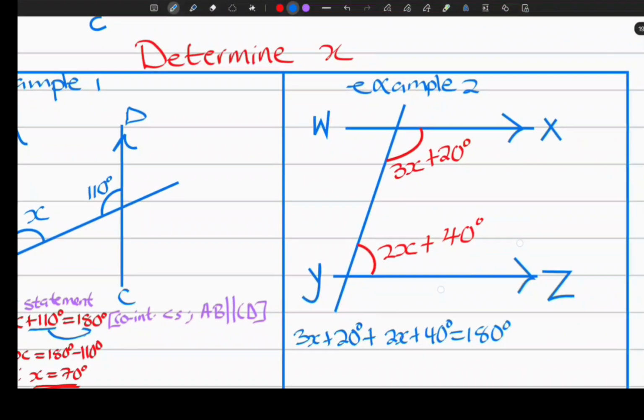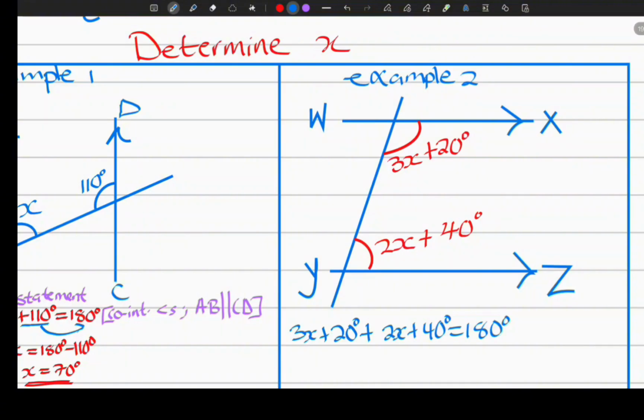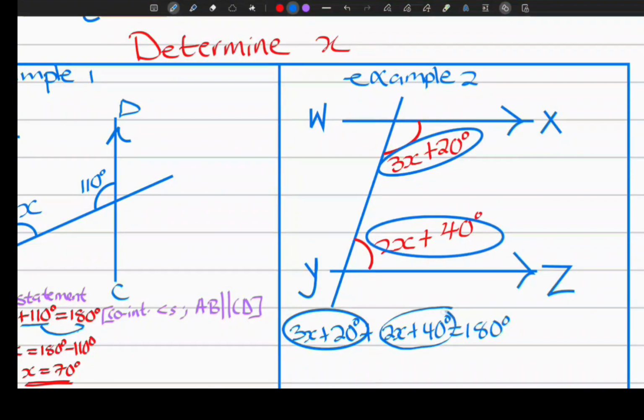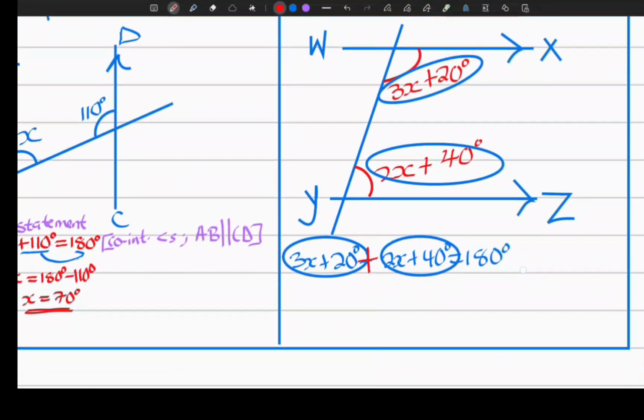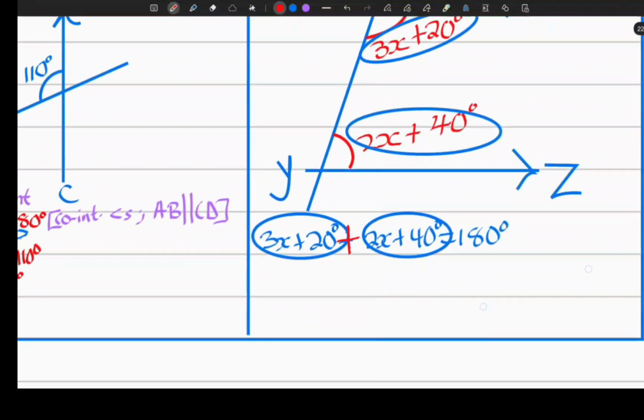The first angle, which I wrote, is 3x plus 20 from here. Now that angle is represented here. Then the second angle is 2x plus 40, which happens to be that angle. All we have to do is to solve this mathematical equation.